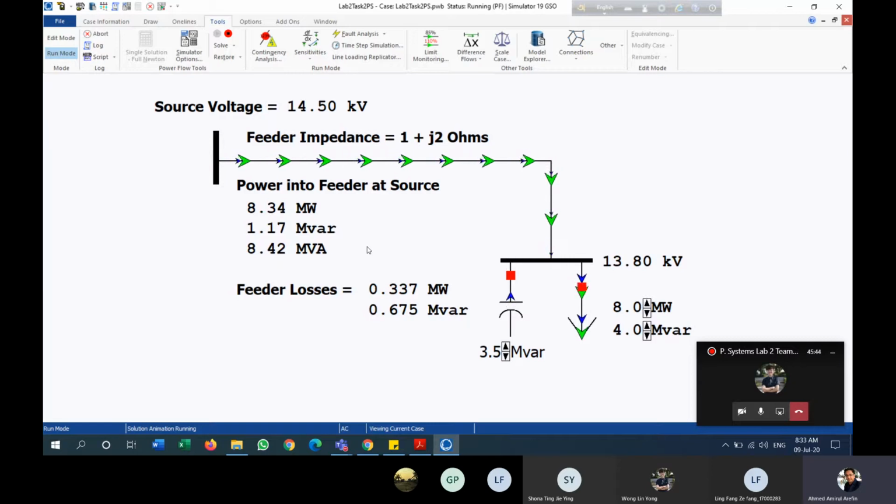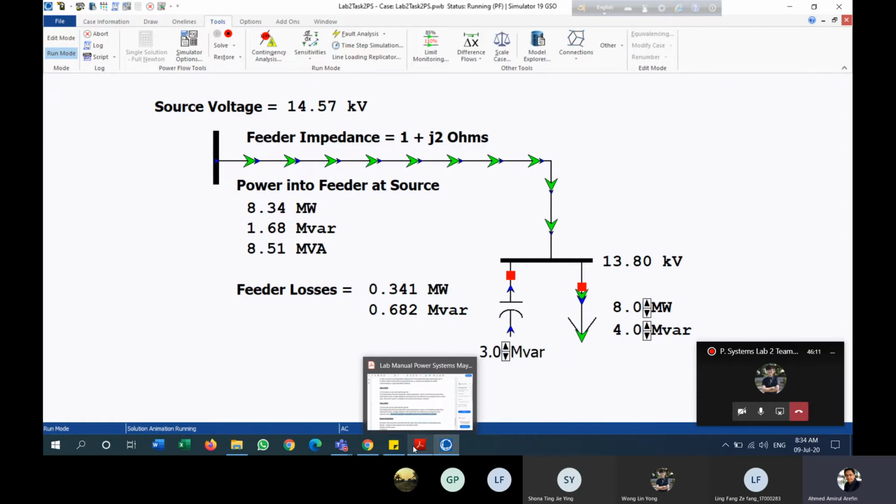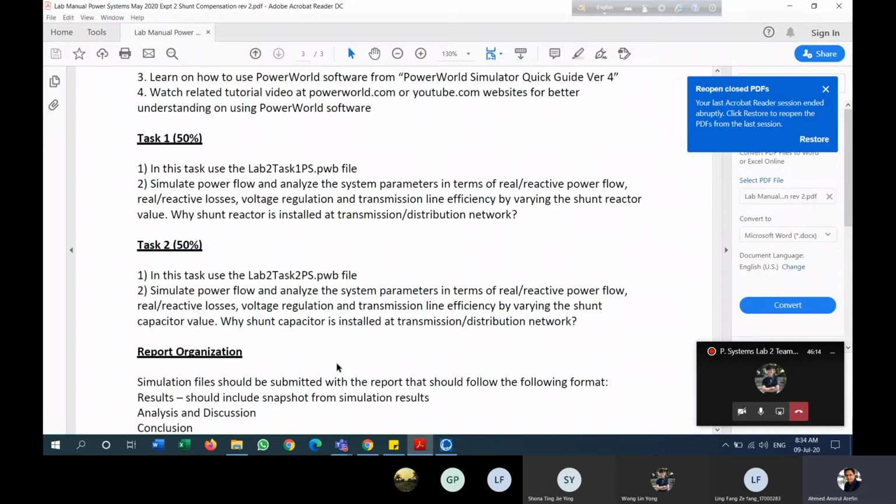The comparative study is the main issue, because nothing is complicated here. You just need to change the values, but the issue is how deep a comparative study you can make. So try to make a very deep comparative study so that you can write it in your lab reports. That is all we have about that.